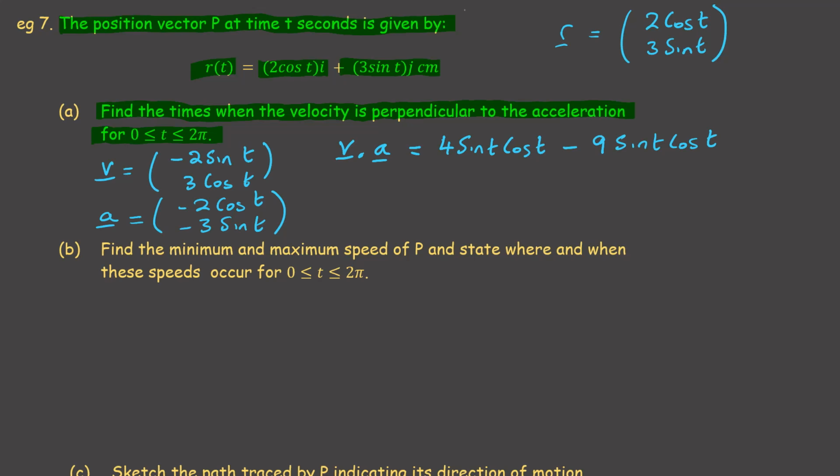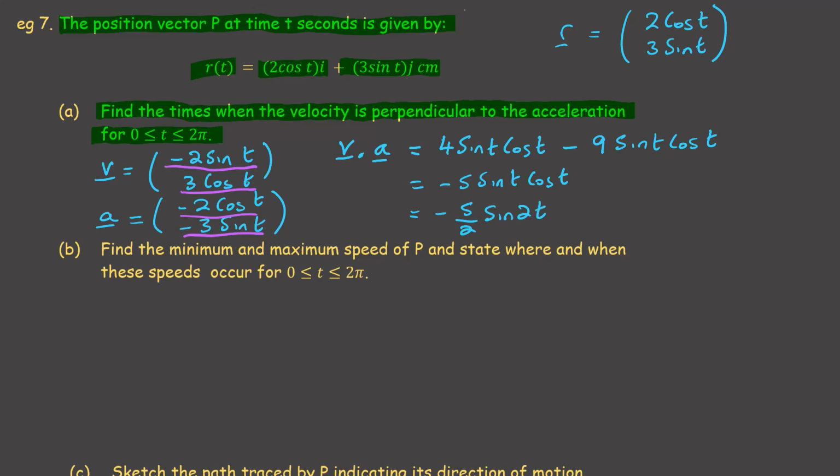And remember how to do the dot product: that times that, added to that times that. And that gives me negative 5 sin t cos t, which is negative 5 on 2 sin 2t.